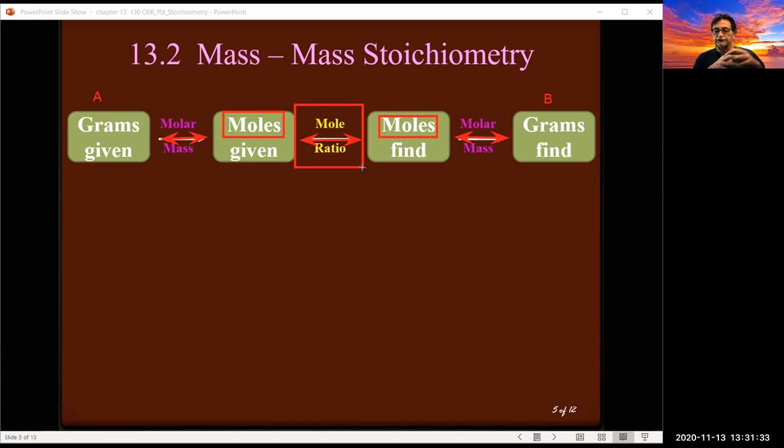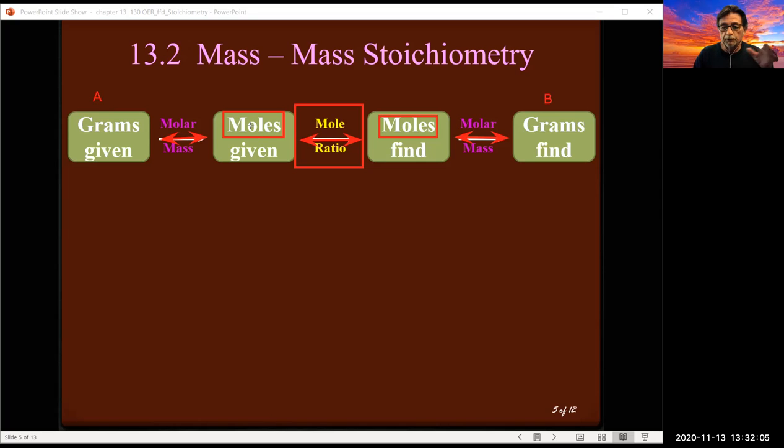So you can see that I start off with grams of A, and when I use the mole ratio, now I have moles of B. So now I've moved into B. And from the molar mass of B, again, molar mass is grams per mole, I simply multiply from the moles of B to give me grams. So that's how I can get from A to B as far as grams are concerned.